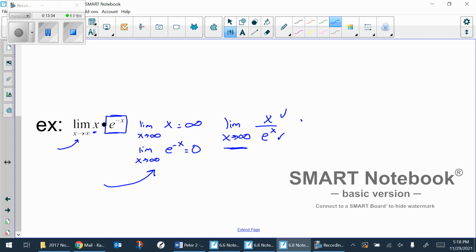After I've turned it into a fraction, I'll say the limit as x approaches infinity, and the derivative of the top, derivative of the bottom. Okay, x is approaching infinity. You've got 1 over a huge number, and 1 over a huge number.